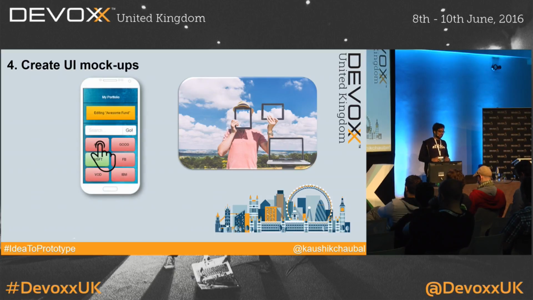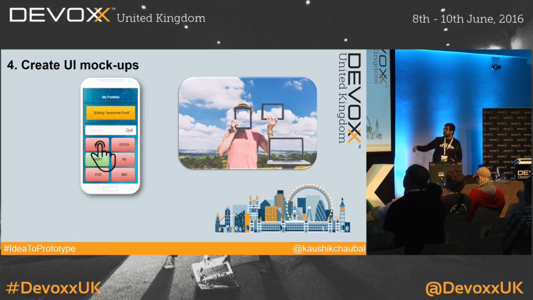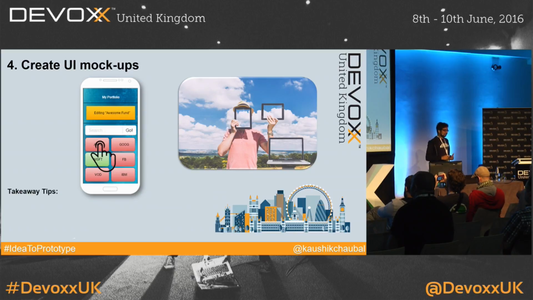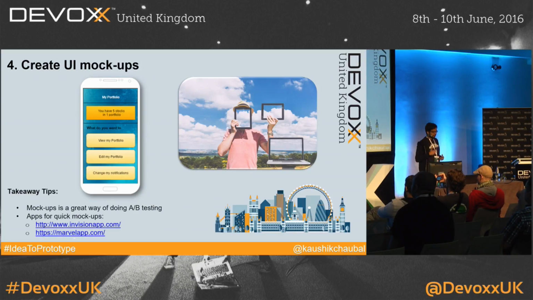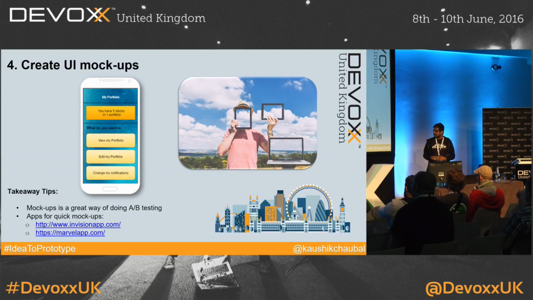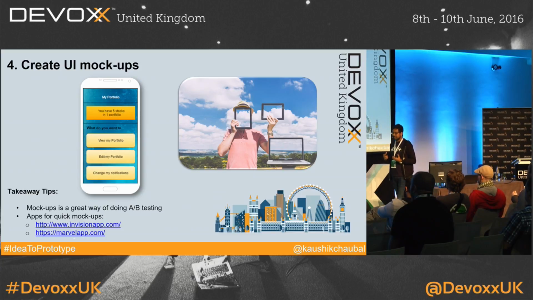And again, a very simple example that I did was decided to create some of the mockups based on the wireframes I had created earlier and just see how things are going. So I can select the security, I can say edit portfolio, you get the idea. How do I do that? Some takeaway tips for that: there are two tools which I really, really like. One is InVision app, and the other is Marvel app. You can go ahead and use that as a way of really creating it.